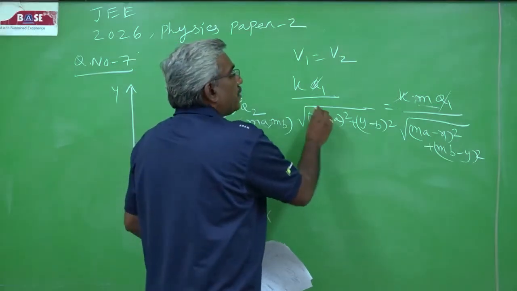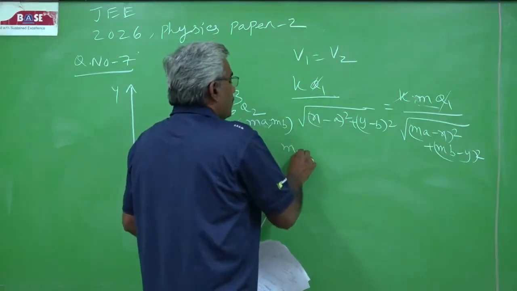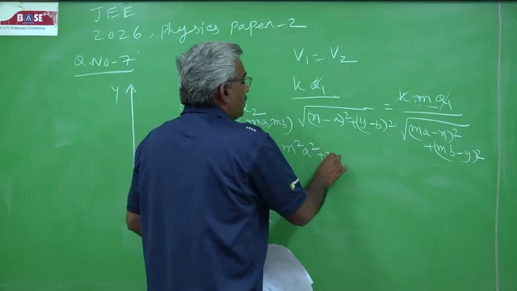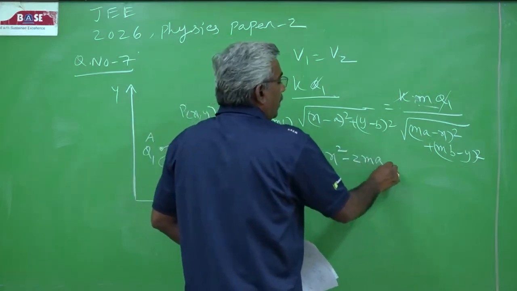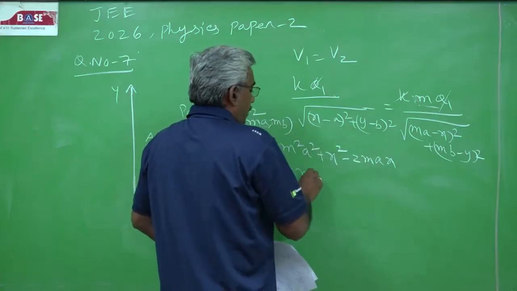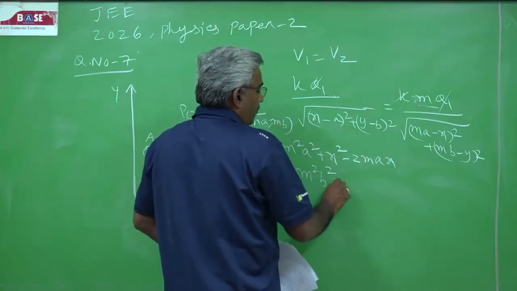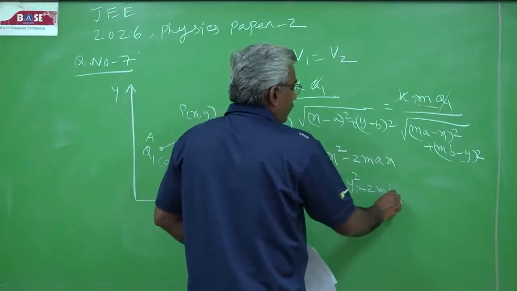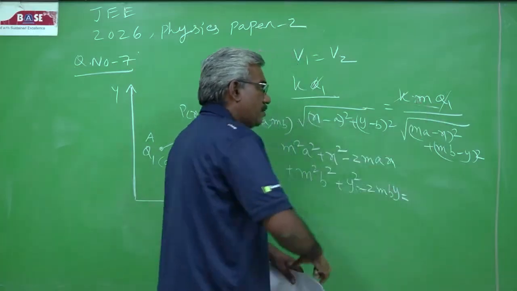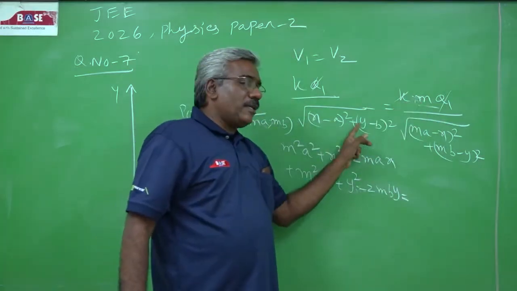So here itself: m square a square plus x square minus 2max plus m square b square plus y square minus 2mby is equal to, yes, this one, whole m square you have to multiply.